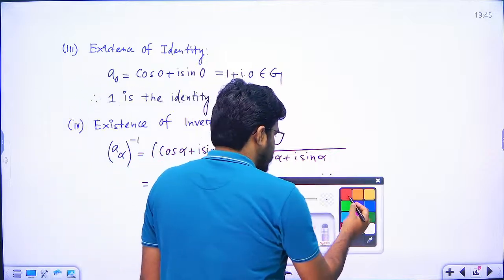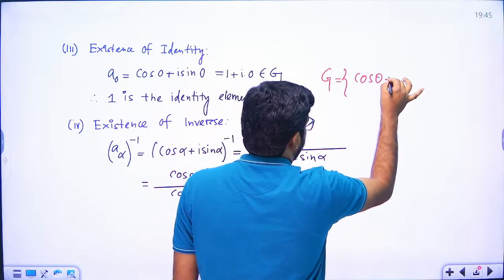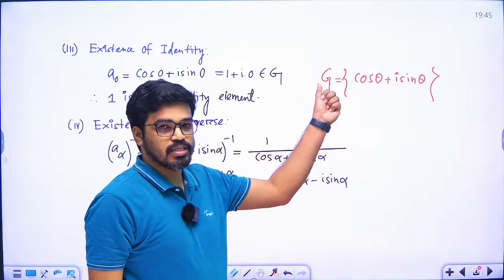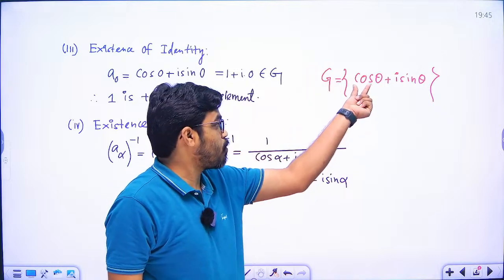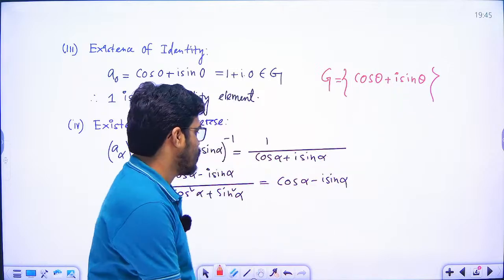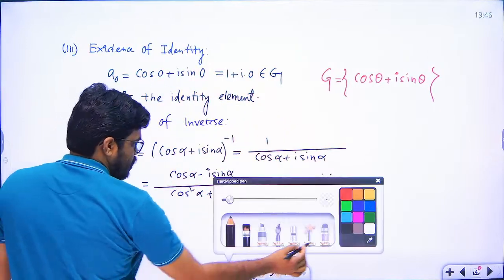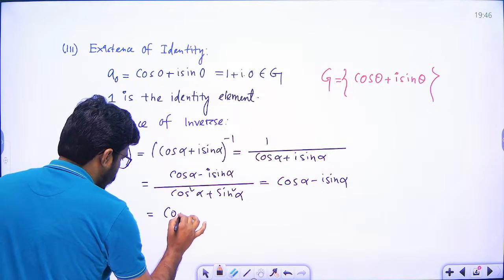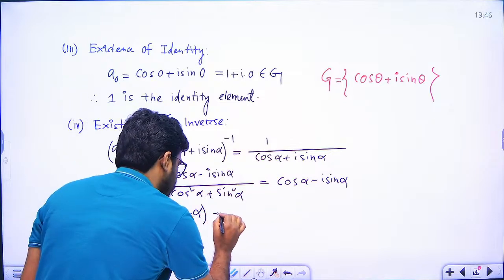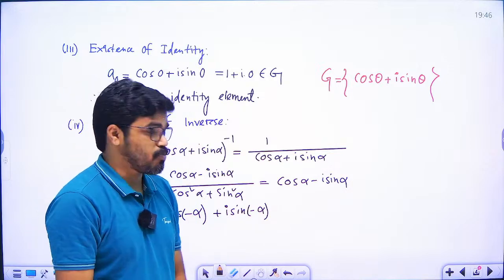Here it is given that G is defined by cos theta plus I sin theta. Just see the elements. The elements of G are of the form cos theta plus I sin theta. But we get cos alpha minus I sin alpha. So this can be written as cos minus alpha, cos of minus theta is simply cos theta, plus I sin minus alpha, sin of minus theta is minus sin theta.